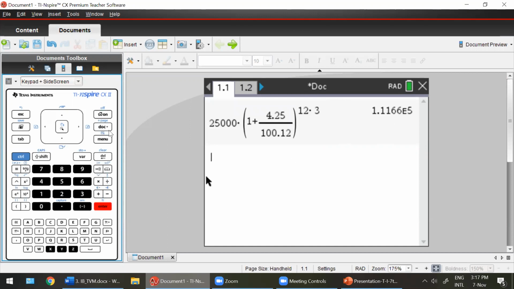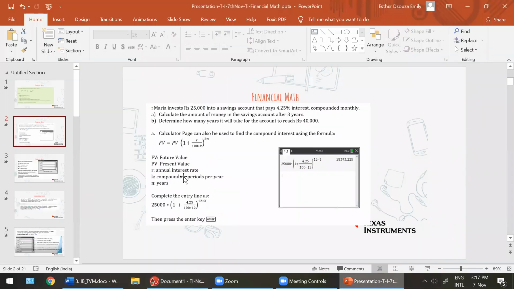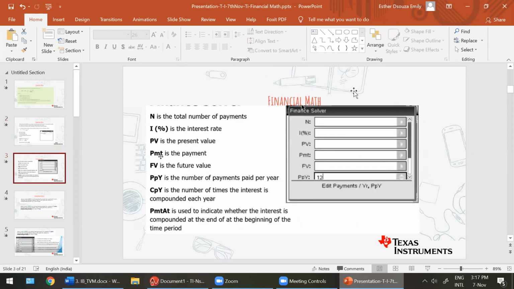Okay. So now let's go back to understand this TVM solver, or the financial solver mode of the calculator. Now, N is the total number of payments. I% is the interest rate. Remember, this is annually.